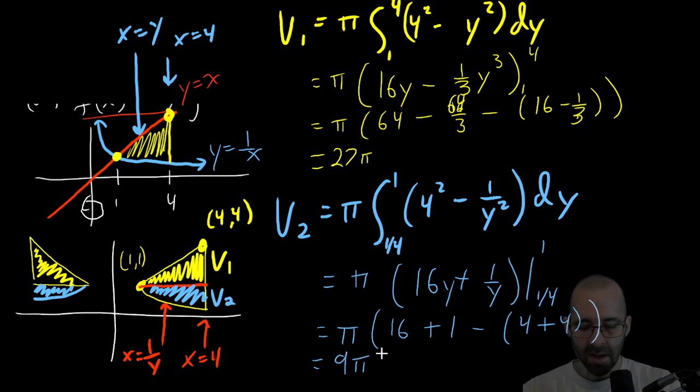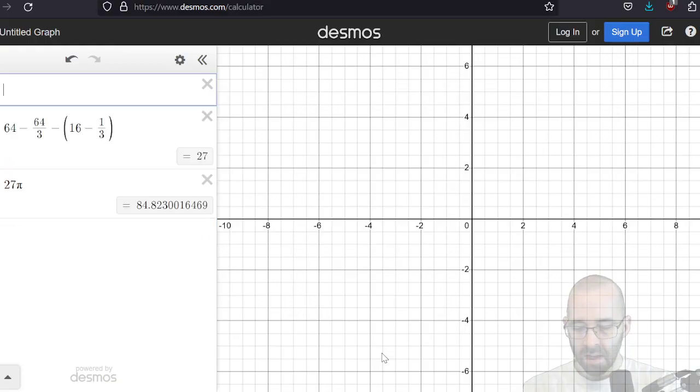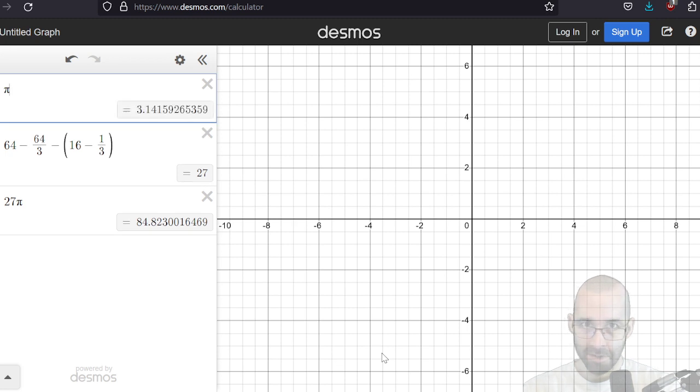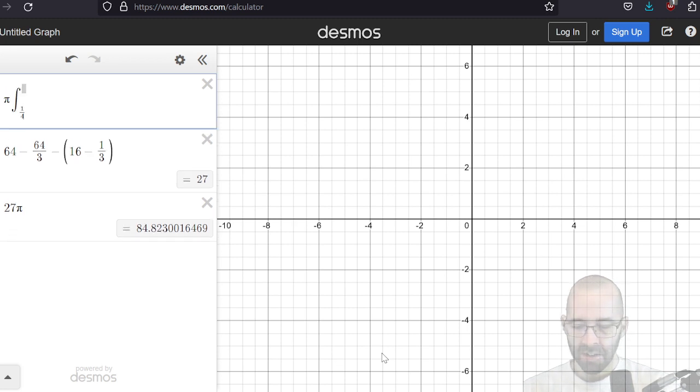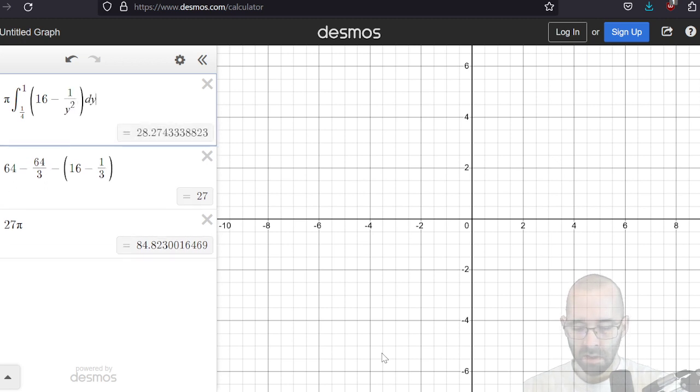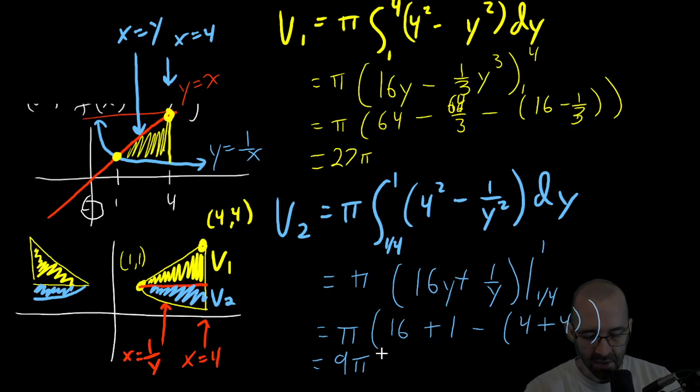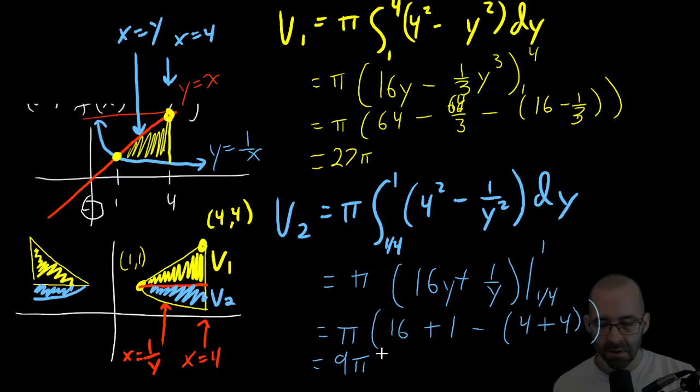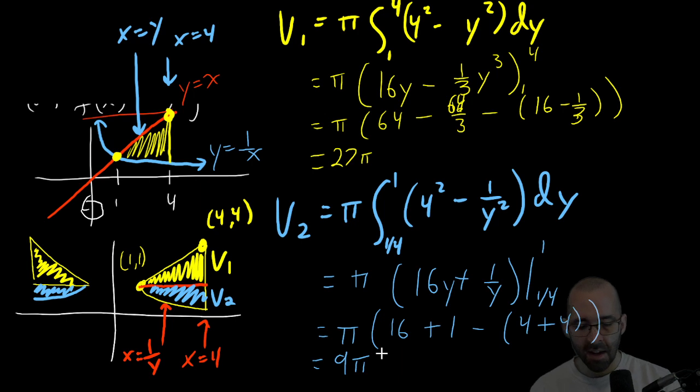This bottom integral should be 9 pi. And indeed, if we check, the integral from 1/4 up to 1 of 16 minus 1 over y squared dy is indeed 9 pi. So our volume is just adding these together, 36 pi. That's our answer.